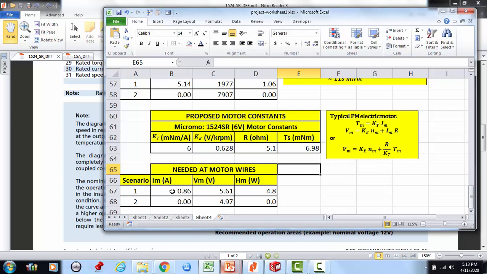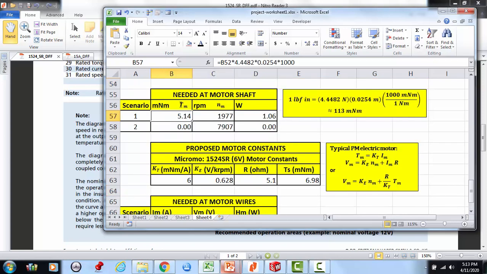So what I did is I took the two scenarios, one being loaded, two being unloaded. When there's a load, you want to take B57.